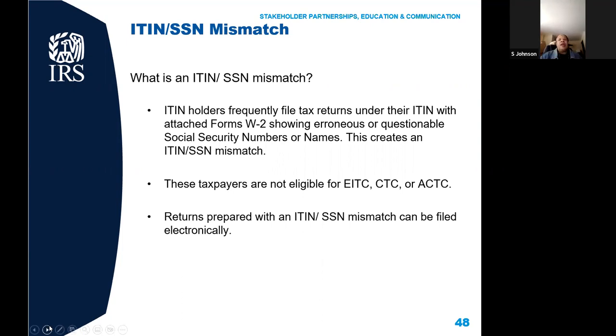And they will still process the return. Unfortunately, those taxpayers, as it states here, are not eligible for the earned income tax credit. They're not eligible for the child tax credit, and they're not available for the additional child tax credit. As it indicates, if they have an ITIN number but they worked under a social, they still can file electronically.